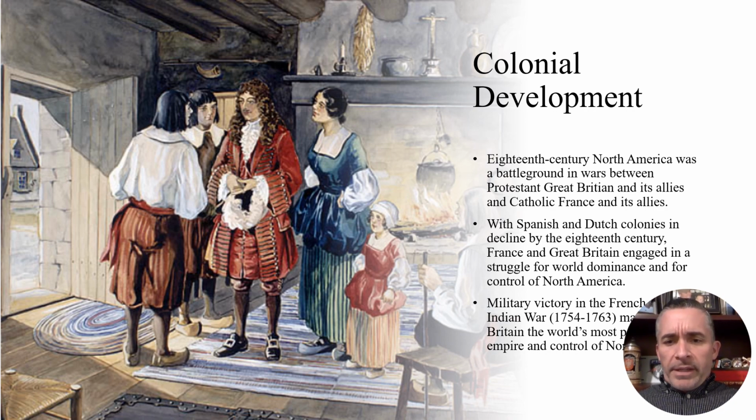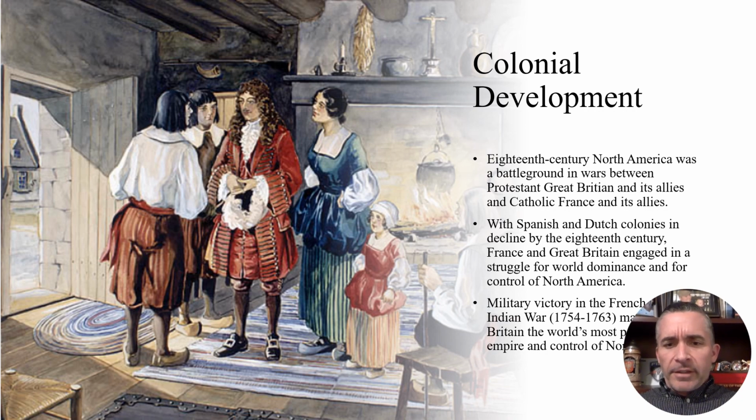But after that, the cost of maintaining the empire, of defending the colonies, compelled the British Parliament to implement measures to take firmer control of the colonies, which led to a backlash by the American colonists and rising tensions between the colonists and Great Britain, which ultimately led to the outbreak of war in 1775, the American Revolution between the colonists and Great Britain.